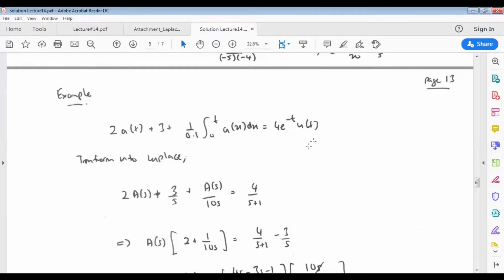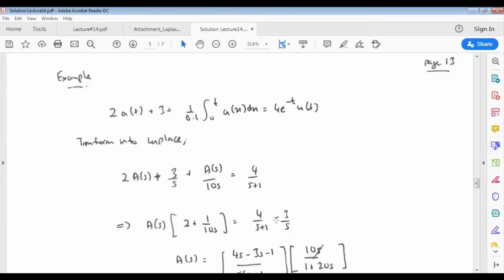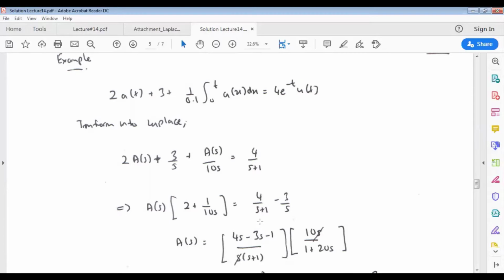This is based on the frequency shifting property. Since there is a correction on this particular term, you are supposed to get 10 of A(s) divided by s. So the rest of the solution is wrong, it is totally wrong, because I assumed that this is 1 over 10. Please correct this.